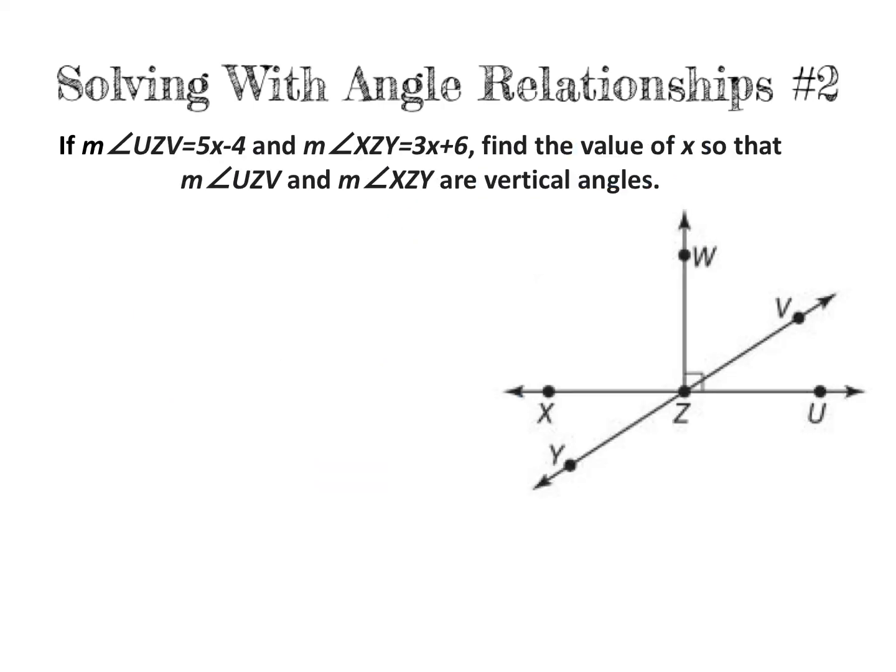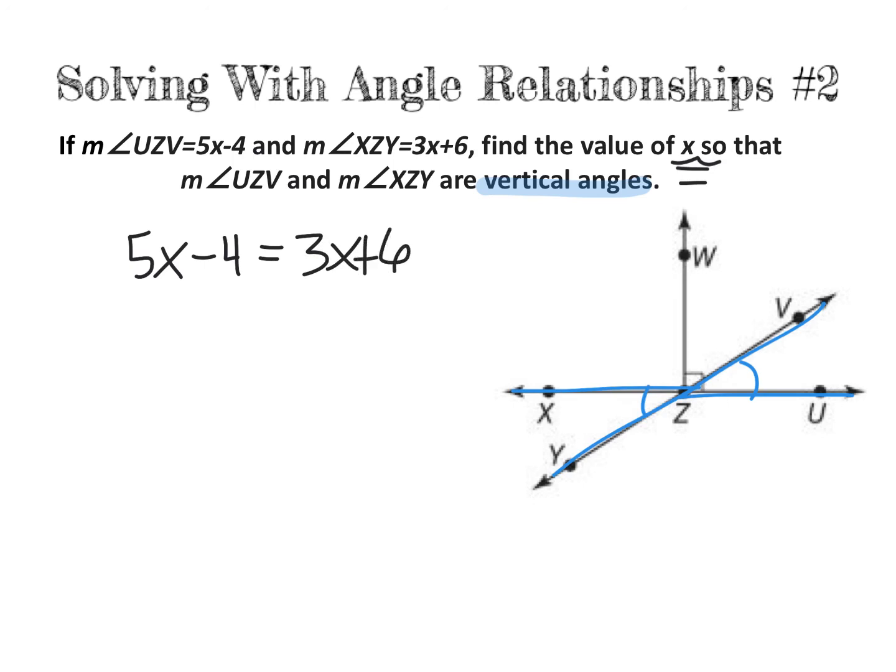In this next example, you have a similar situation, but now you're dealing with vertical angles. Two angles that are vertical are always congruent or equal to each other. So in the picture I have UZV and I have XZY. These two angles, they're opposite of each other, so they're congruent. So the way I would set up this problem is saying the first angle is equal to 3x plus 6, the other angle.